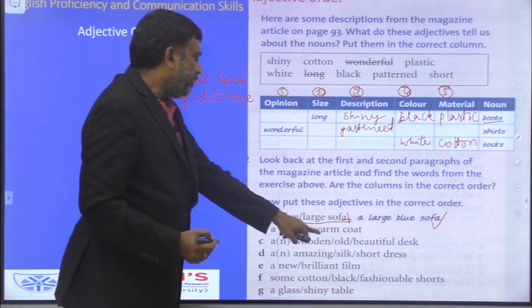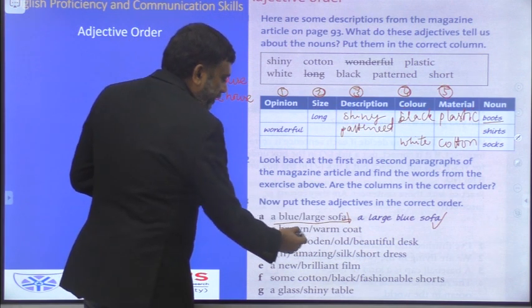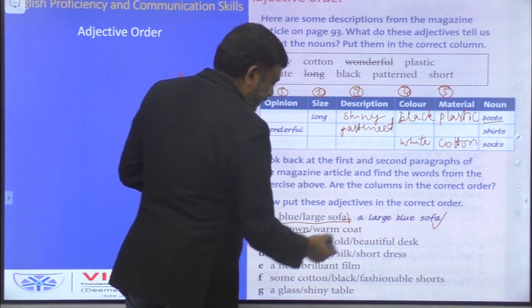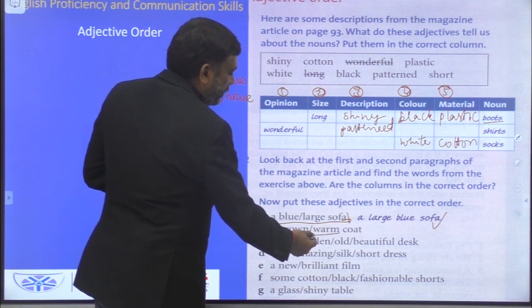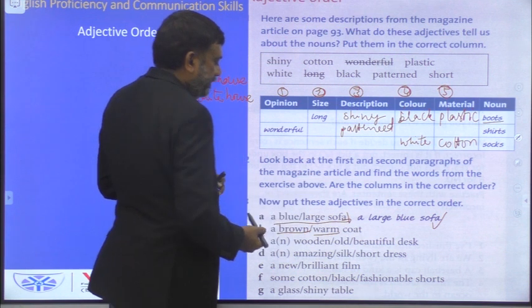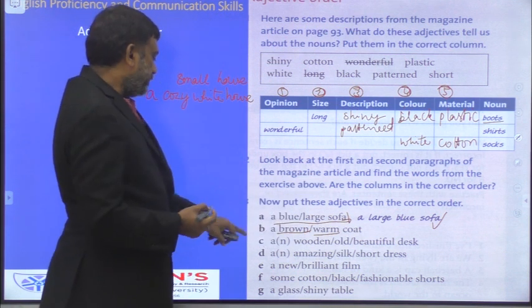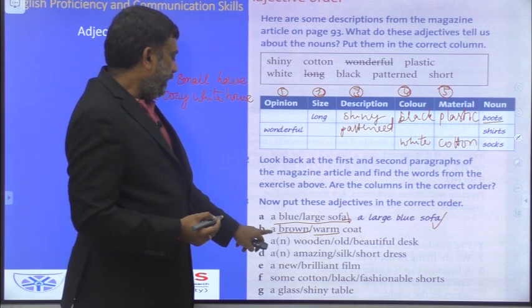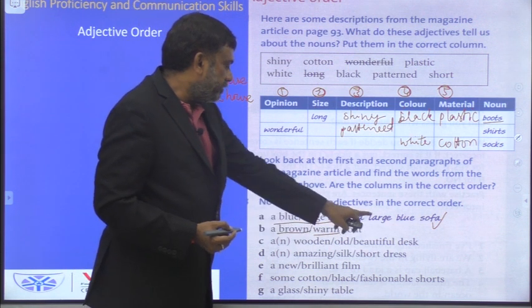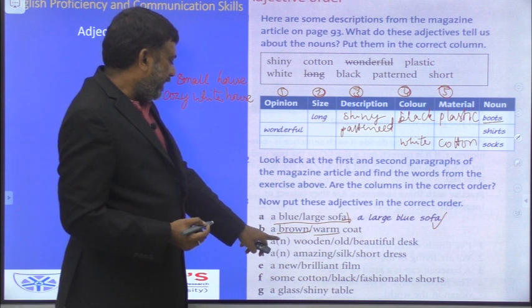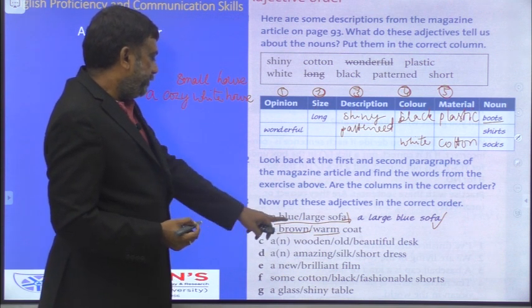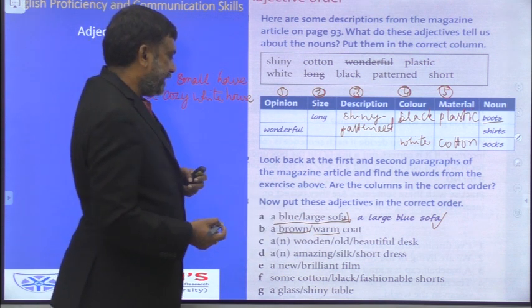Next, brown warm coat. Here brown again is a color. And here what is the thing they said? They talked about warm. Warm is a description. So what is the answer for this? A warm brown coat. Next here, a or an wooden old beautiful desk.